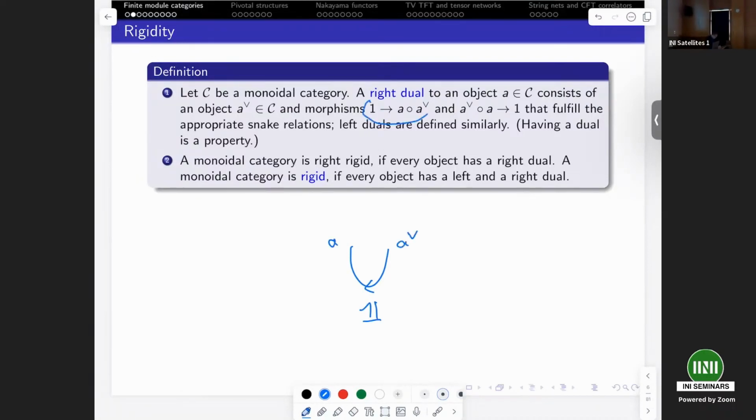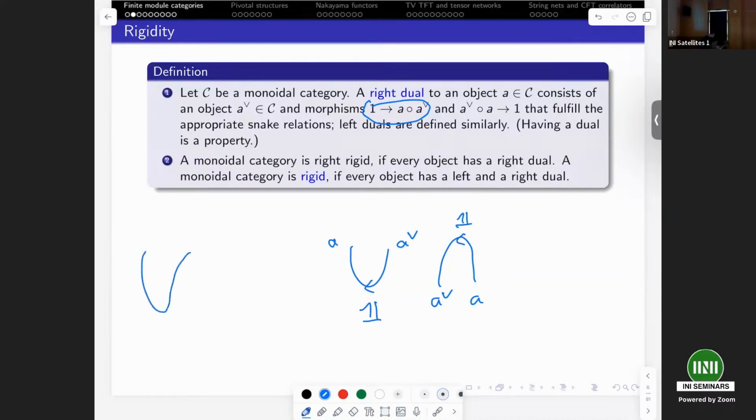There is a graphical calculus which I will not frequently use, but I'm using it here to explain the notion. It comes with an evaluation, which is a morphism from A dual tensor A into the monoidal unit, and they obey zigzag relations.